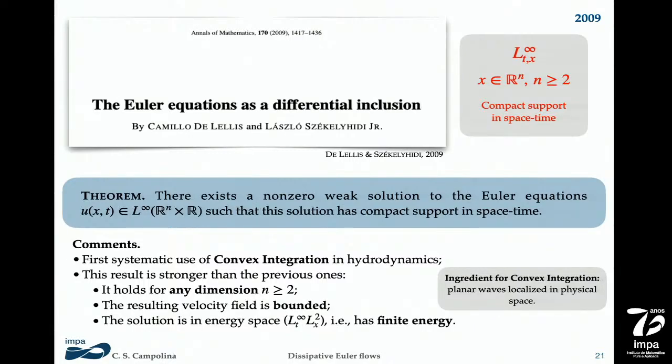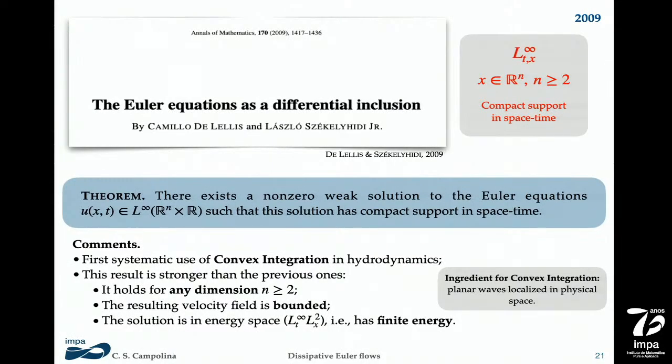Now, the solution is in any dimension of space, R^n, greater or equal than 2, so it's not restricted to the plane. And the solution has compact support in space-time. This is the theorem: there exists a non-zero weak solution to the Euler equations, such that this solution has compact support in space-time in this class.